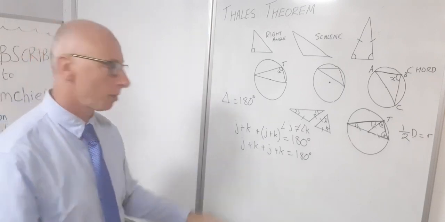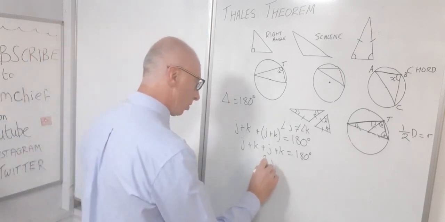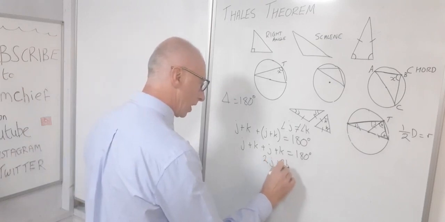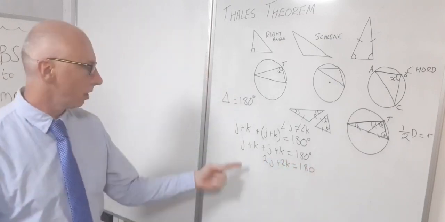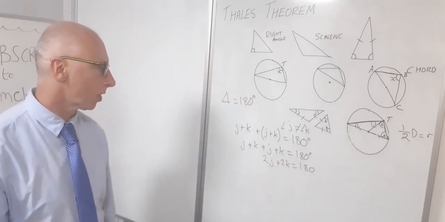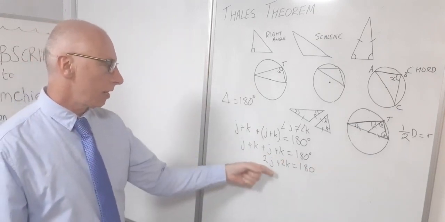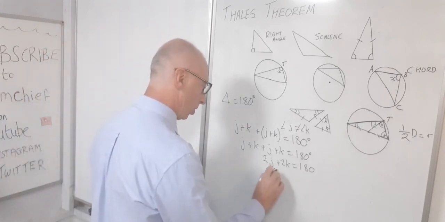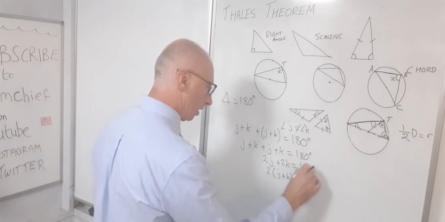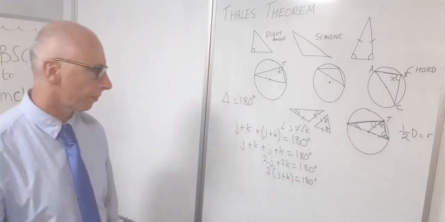Now we can put like terms together. So now we've got 2J plus 2K equals 180 degrees. That's working well. Now we can factor out a 2: 2 times (J plus K) equals 180, still in degrees.